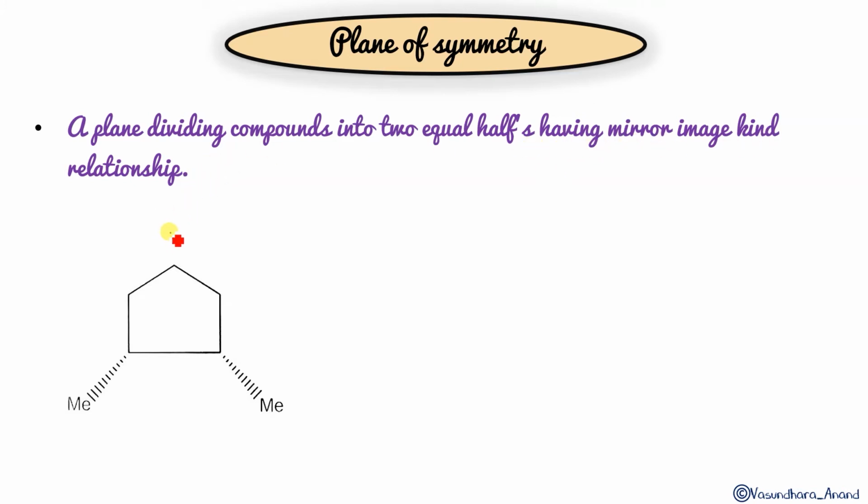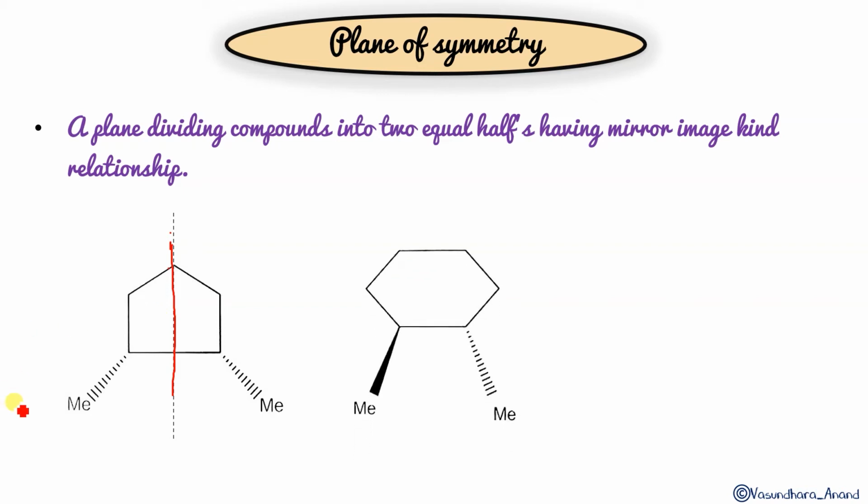Like if I'm going to cut it in this way, is it dividing into two equal parts? Yes. Is it the mirror image of each other? Tell me. Yes, they are like this. Got it? So that means here the plane of symmetry is present. Here POS is present. Okay, we will write POS is present.